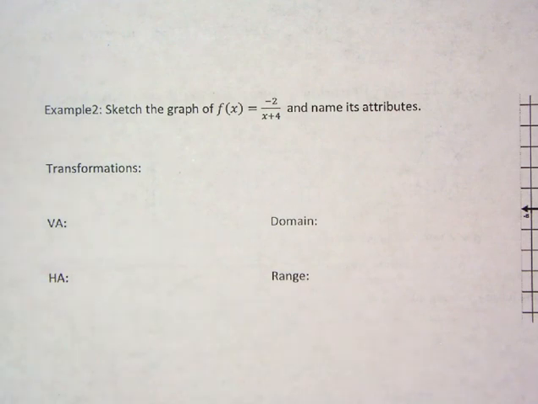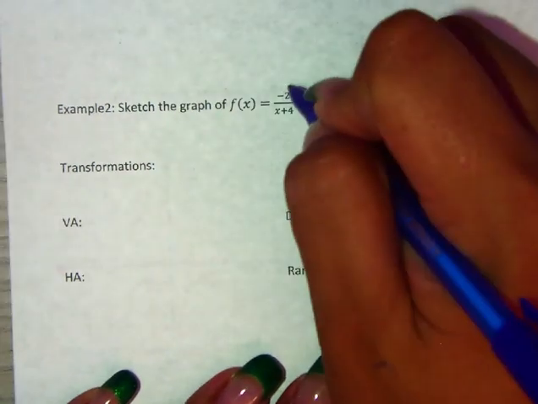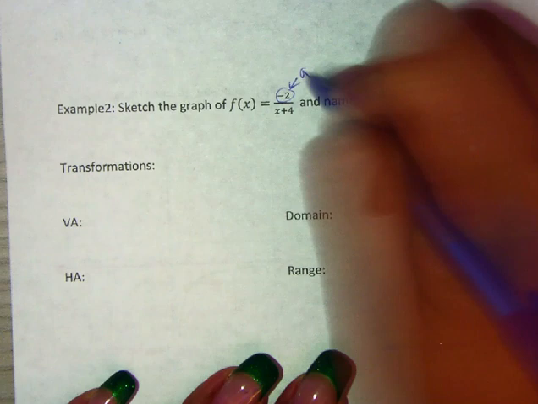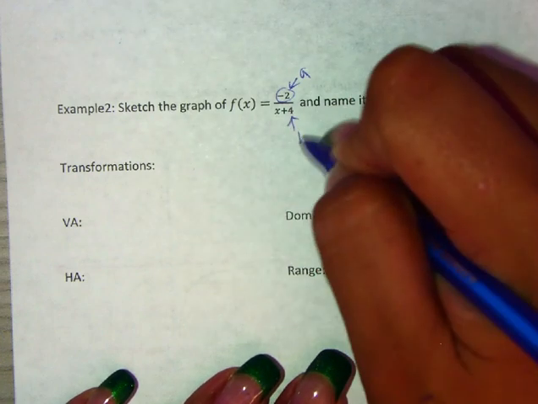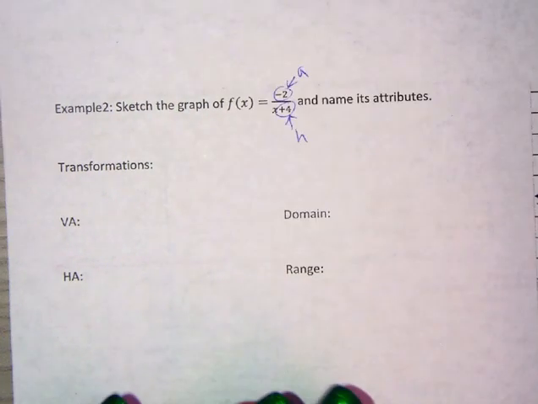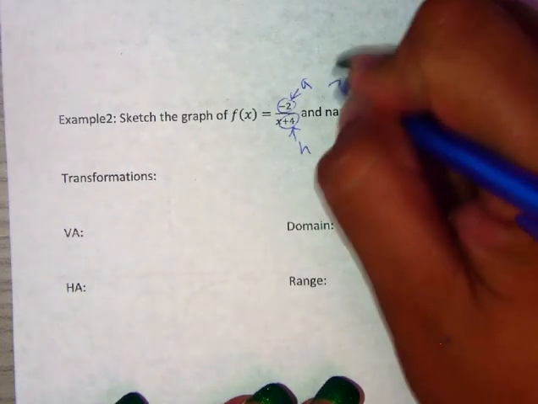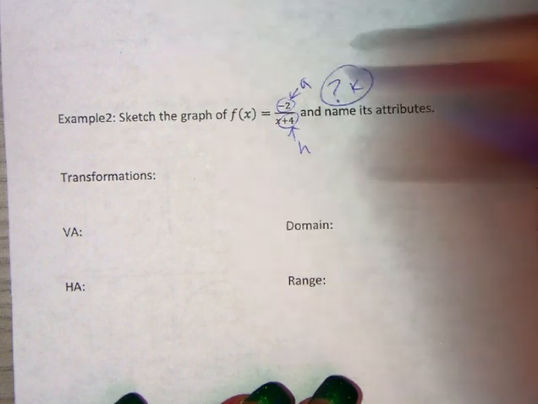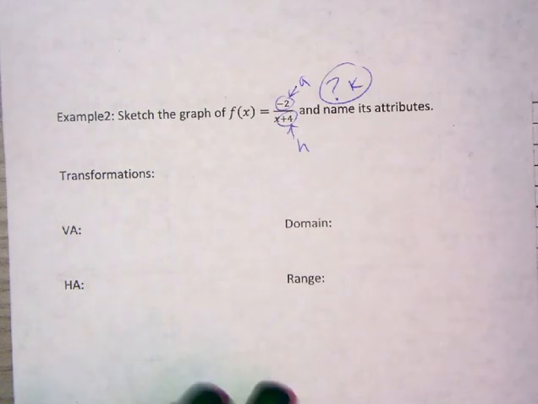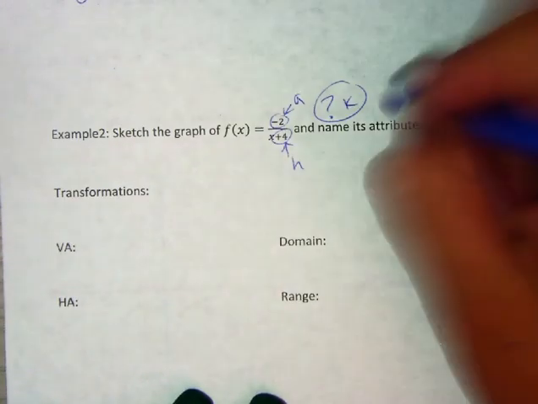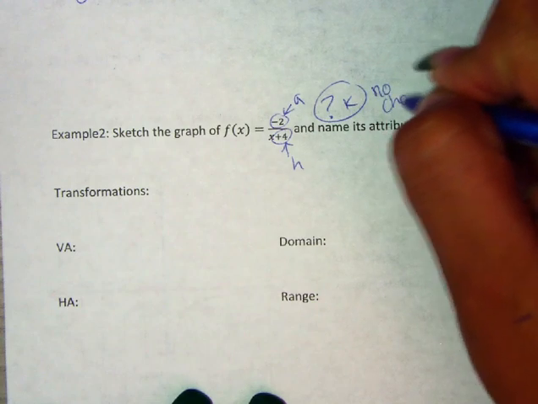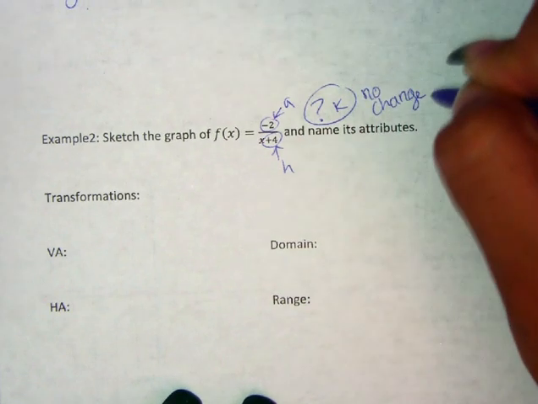All right, so on this one, we have an A value of -2, an H value of 4, and then there's no K value. When there is no K value, that means there's not going to be a change of up or down.